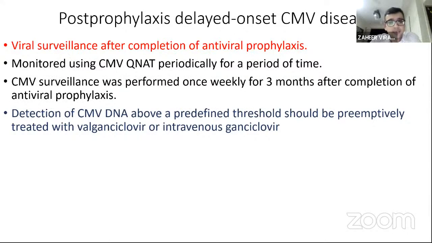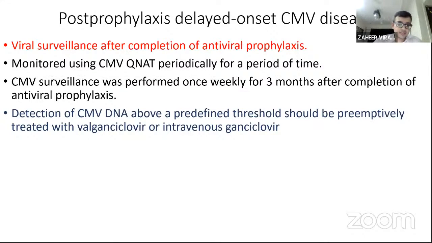So once you have completed the prophylaxis, either 3 months or 6 months, there are certain centers who have done CMV DNA PCRs once weekly for 3 months after the completion. It will be a little tricky in our scenario considering the cost. If they found that the CMV DNA went above a certain level, they restarted or treated with valganciclovir or intravenous ganciclovir.